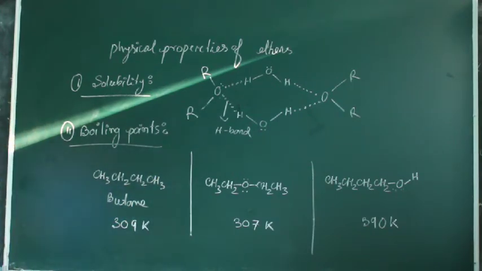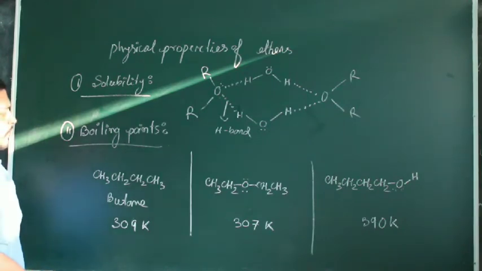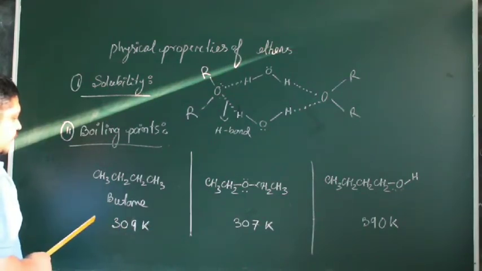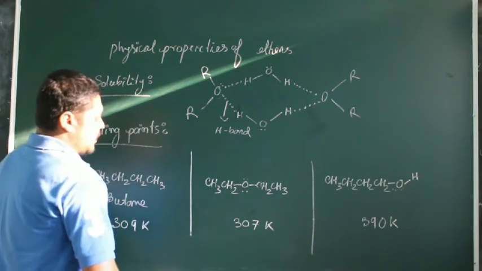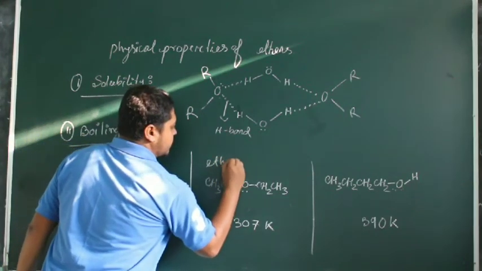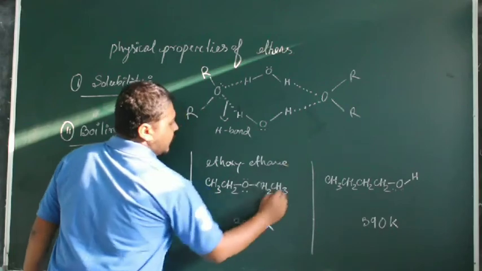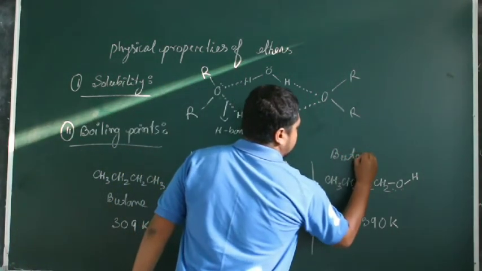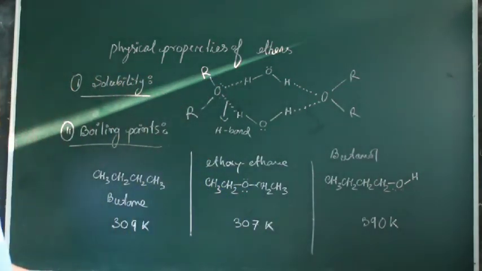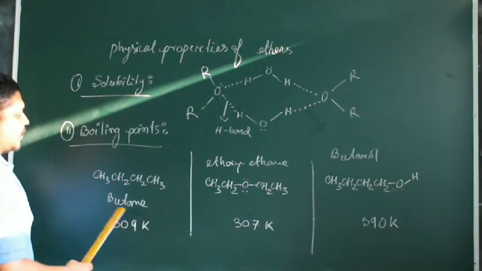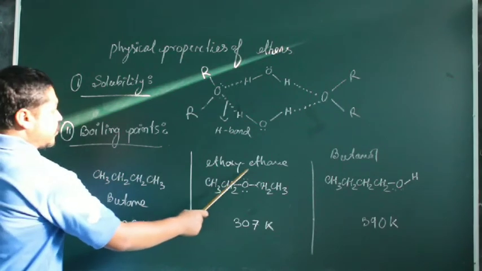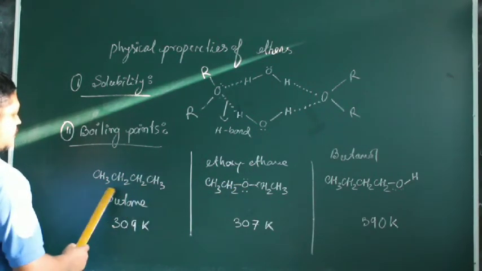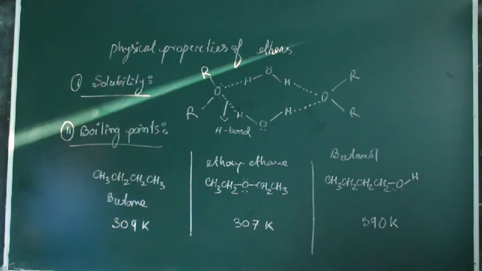The next point, boiling points. There is a big difference in boiling point between the hydrocarbon butane, the ether ethoxyethane, and butanol. These compounds have comparable molecular mass, with 4 carbon atoms each.